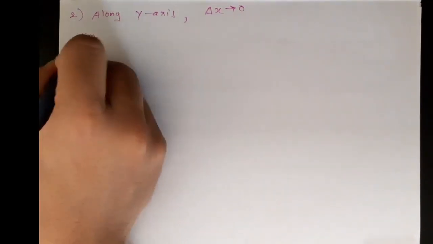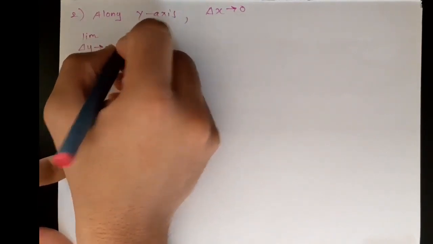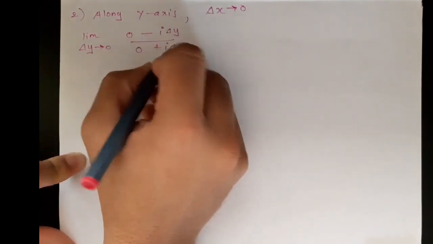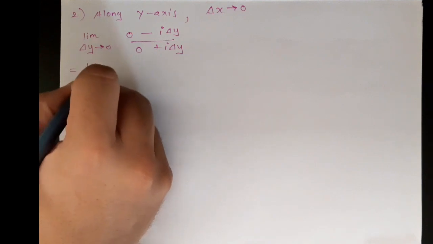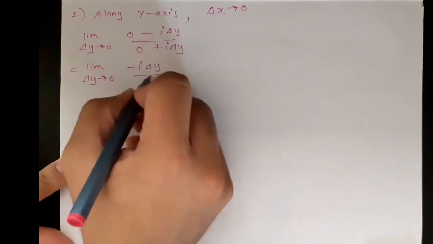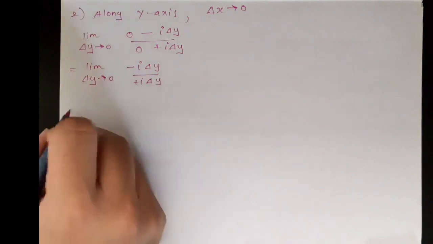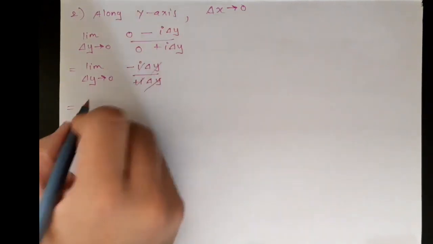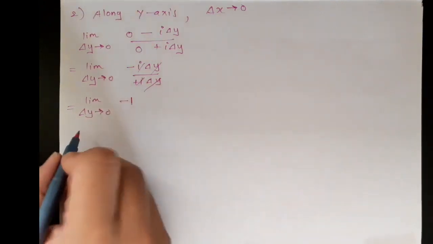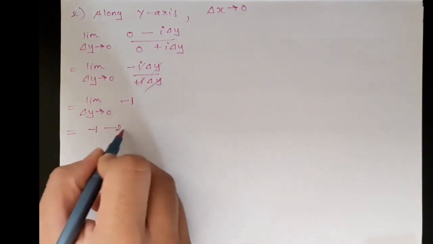So the limit as delta y tends to 0, here delta x is 0, so (0 minus i into delta y) upon (0 plus i into delta y), which is the limit as delta y tends to 0 of (minus i into delta y) upon (plus i into delta y). So minus upon plus will be minus, and the i delta y got cancelled, so we will get the limit as delta y tends to 0 equal to minus 1. By applying the limit, as it is constant, we get the constant term minus 1. So this is equation 2.